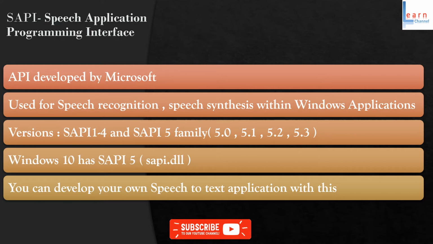You can develop your own text-to-speech application with this DLL. So any text processing and converting it into a WAV file you can do with this application. You can achieve this with C++ or C# or Visual Basic. Visual Basic is the easiest one if you are doing a Windows application, but it's also possible with C++. C++ is a bit tougher compared to Visual Basic, but it's still possible.